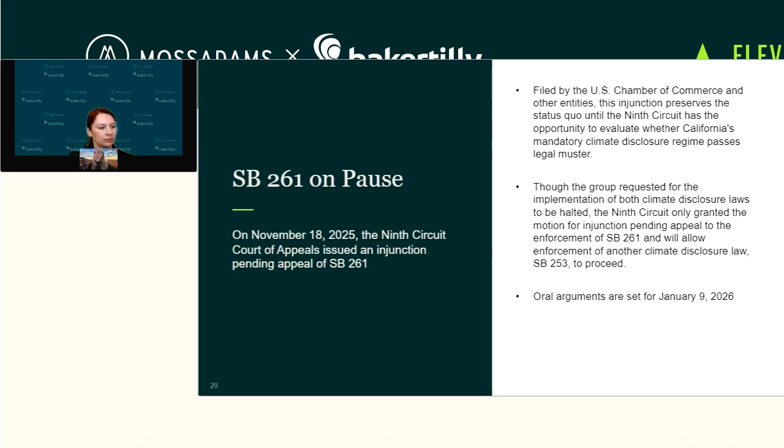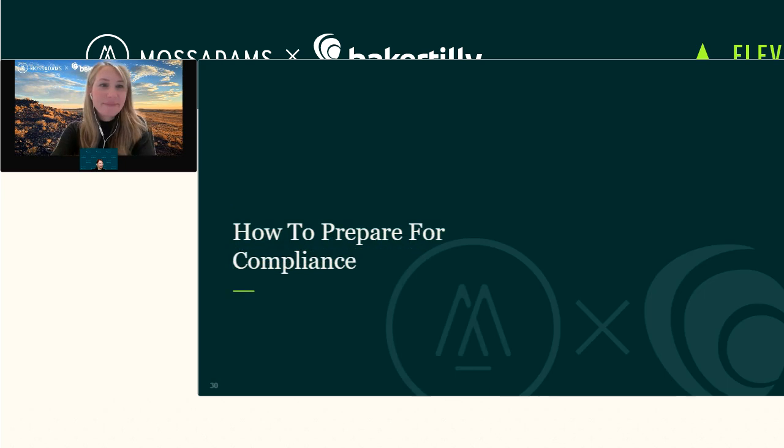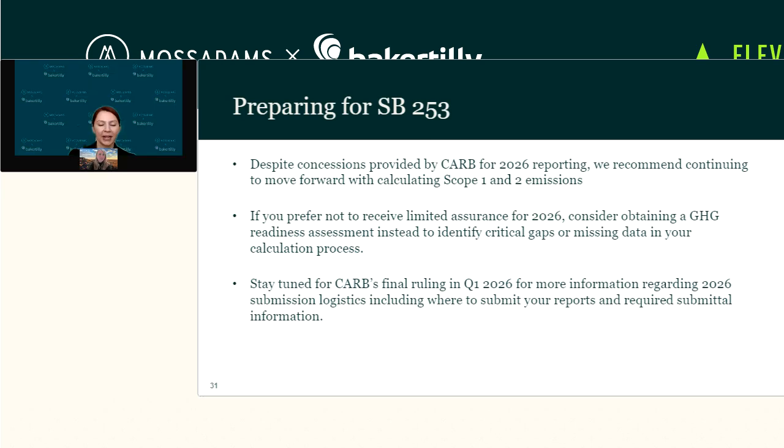Perfect. And maybe you just want to close out with some thoughts on preparing for 2026. Yeah. So preparing for SB 253, although CARB has provided some concessions for 2026 reporting requirements, we do recommend you continue moving forward with calculating your Scope 1 and Scope 2 emissions now. Starting early will really help you avoid last-minute issues and support your data being accurate and complete.